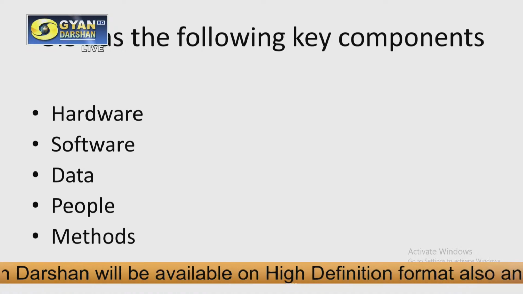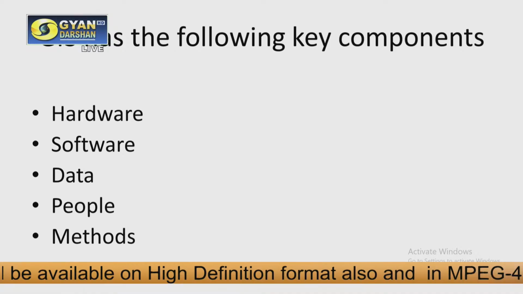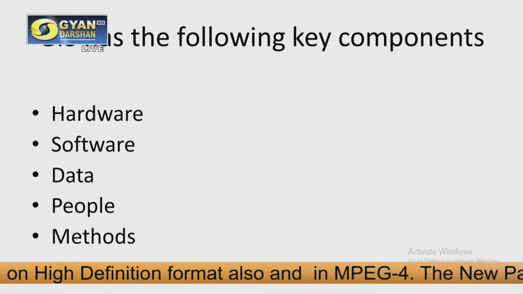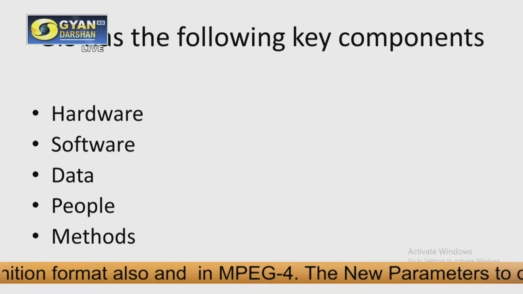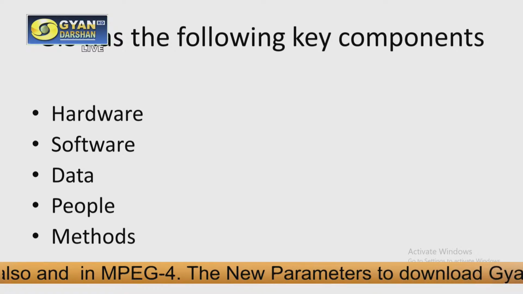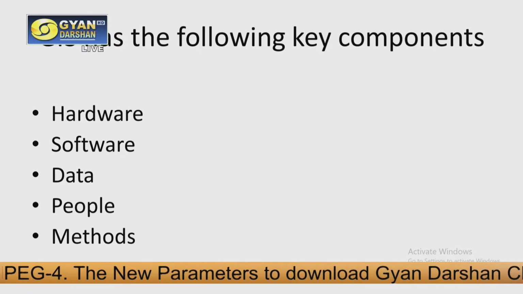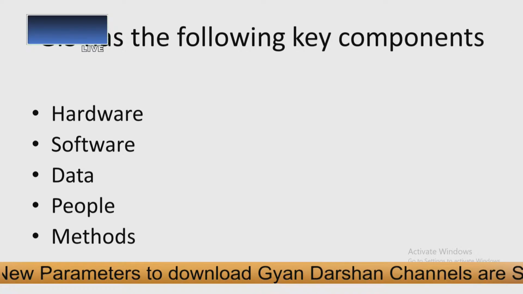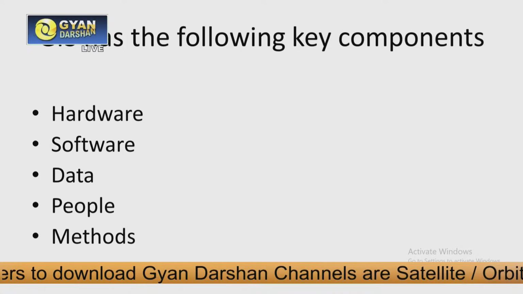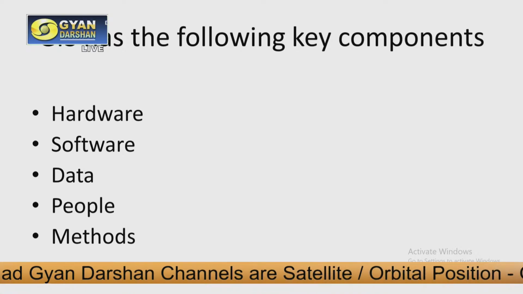And then we have software. In our open and distance learning system, we mostly use open source software which is easily available to the learners. In GIS or geospatial analysis, we are using QGIS.